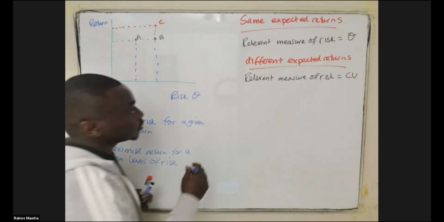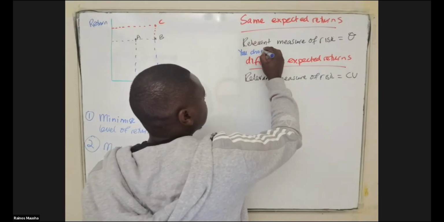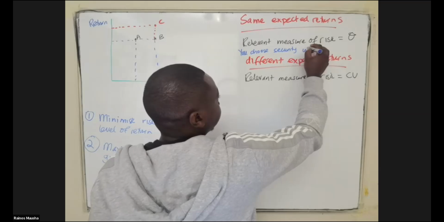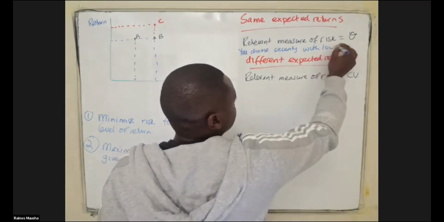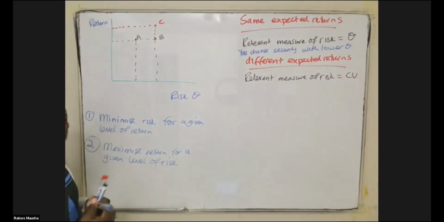In this case, you choose the security with the lower standard deviation, considering that you are a rational investor who is not seeking to take on risk.